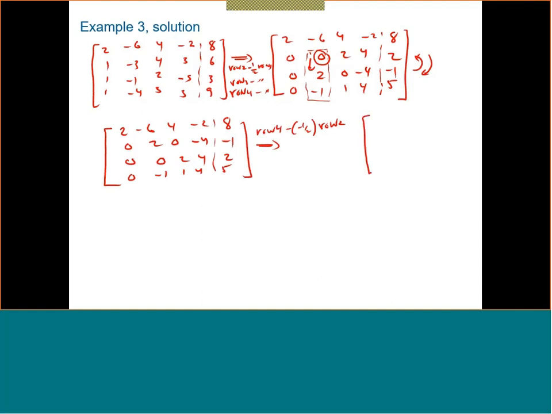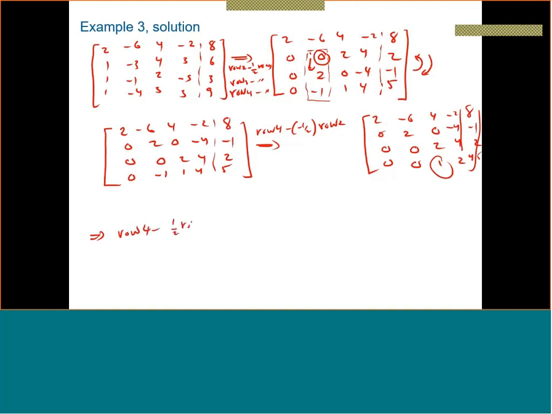So I will have 2, minus 6, 4, minus 2, 8, 0, 2, 0, minus 4, minus 1, and then 0, 0, 2, 4, 2, and then this becomes 0, 0, 1, 2, 4.5. Now, this is the last one left, so I will have only row 4 minus 1 half row 3.